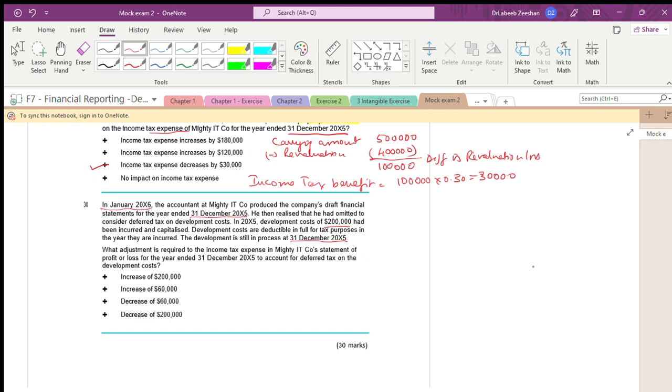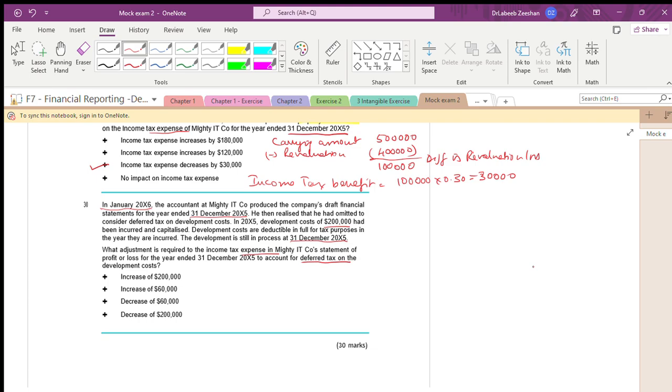What adjustment is required to income tax expenses to account for deferred tax? Tell me how much you have to.